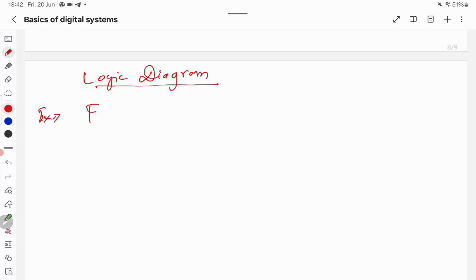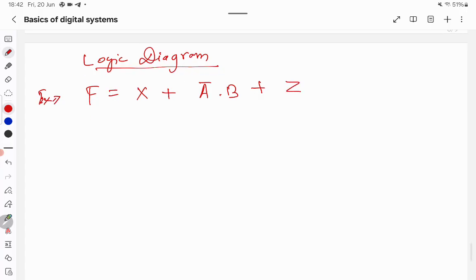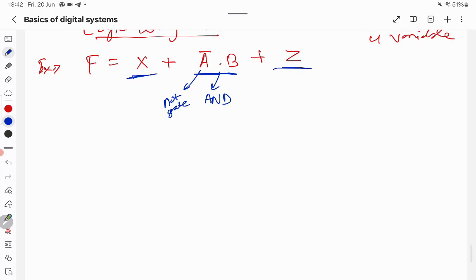Example: F is equal to X plus A complement B, plus Z. Let's say this is an example. If you see X, A, B, Z, there are 4 variables. Between A and B there is an AND operation. A is passed through a NOT gate, and after that all these are passed through an OR gate. So first you build an AND gate.